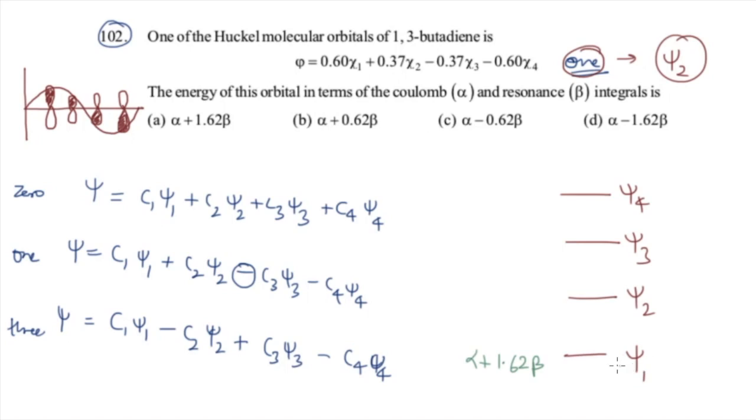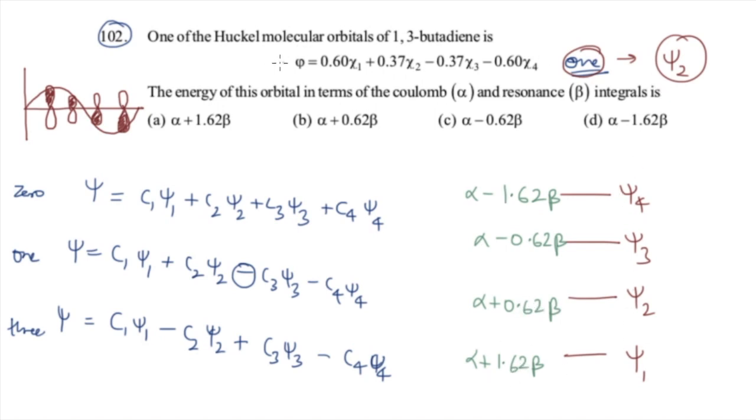For psi 2, it's alpha plus 0.62 beta. For psi 3, it's alpha minus 0.62 beta. And for psi 4, it's alpha minus 1.62 beta. So these are the values in terms of alpha and beta for these orbitals. Okay, so you can arrange them in the order of increasing value. Okay, so this is how they have to be arranged.